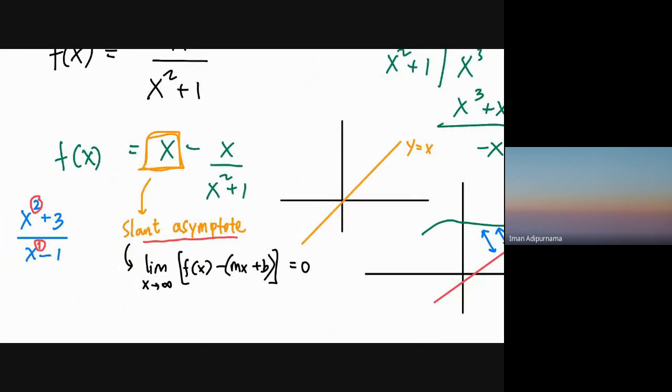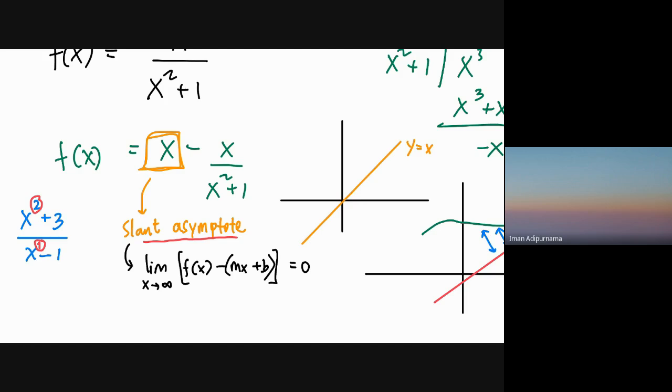Okay. I forgot to mention this in the summary of curve sketching. So aside from the vertical asymptote, you might get a horizontal asymptote, and you can also get what we call the slant asymptote. And this is by definition with limit.